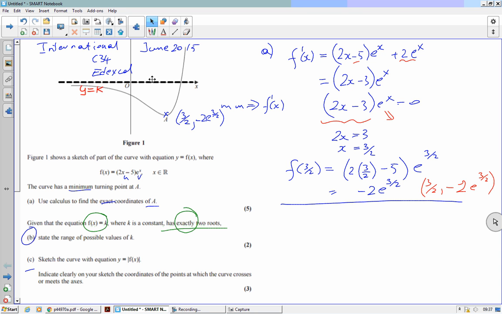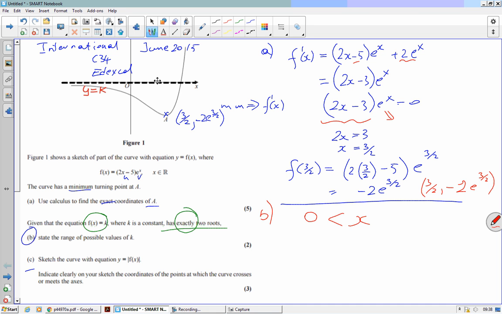So if k is equal to 0, there would be only one real root. So we can clearly see that k has got to be greater than 0. Can't be equal to 0.